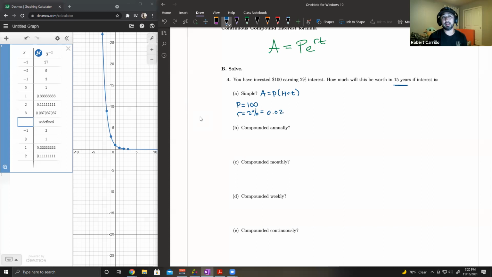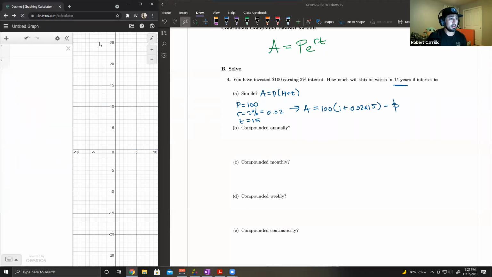And the time is 15 years. So we have everything we need to plug in, P, R, and T. So we'll have A equals 100 times 1 plus R, which is 0.02, times 15. And you will type it in your calculator exactly as I wrote it.